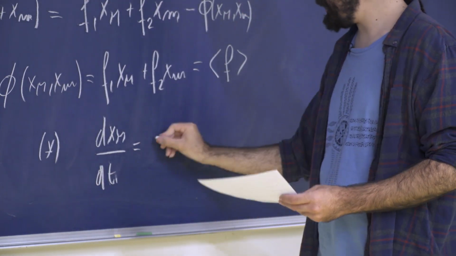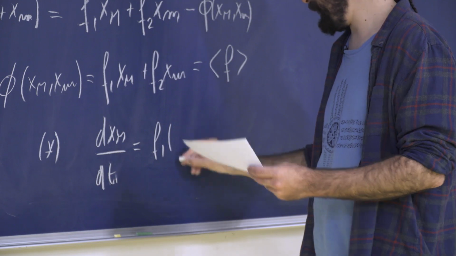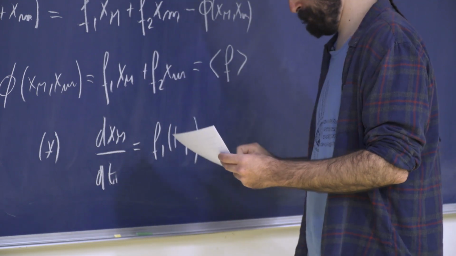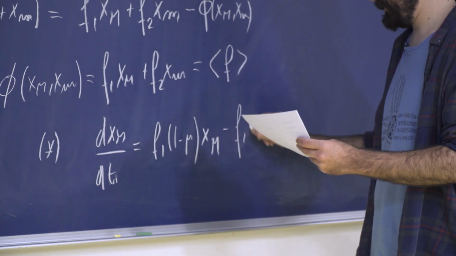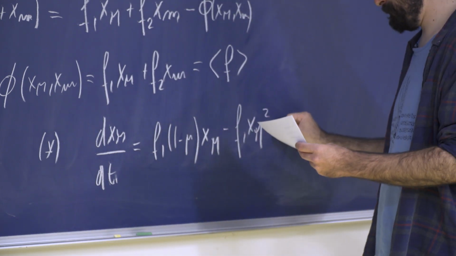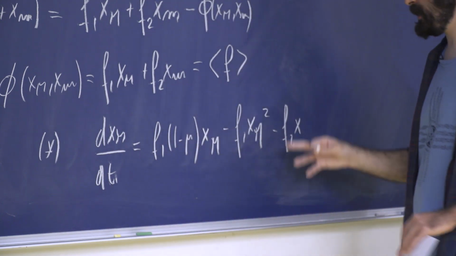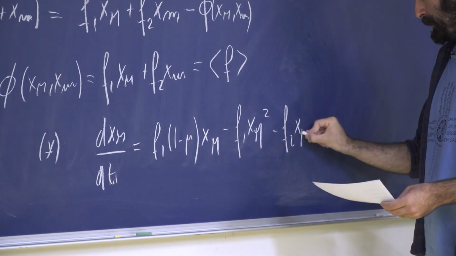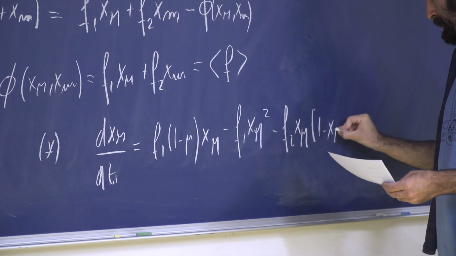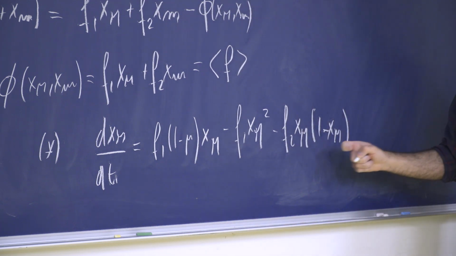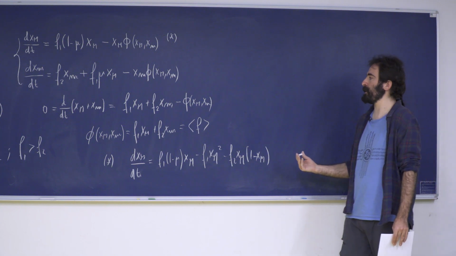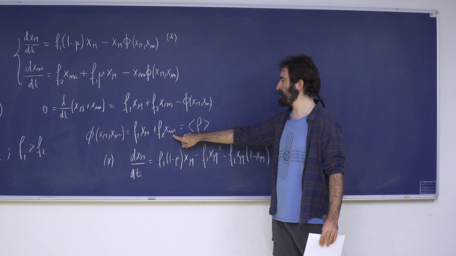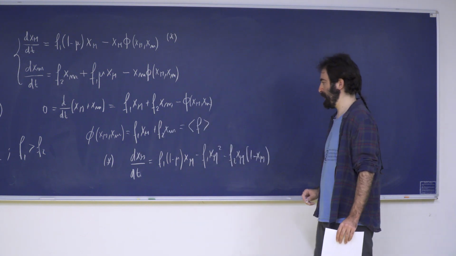And if you notice this, I'm going to be doing it like that. There's going to be a bunch of terms here. Notice here I'm just substituting this phi function, right? Notice that this actually 1 minus xm is coming from the fact that I have an xm here, right? And what I want to do is substitute using the constant population constraint.